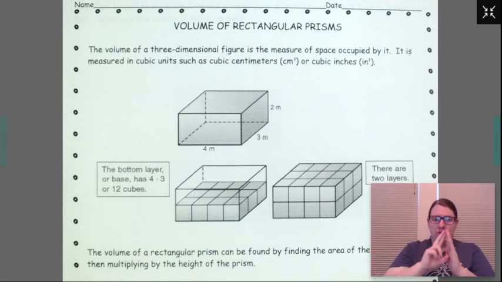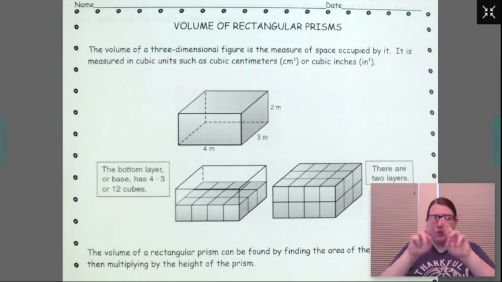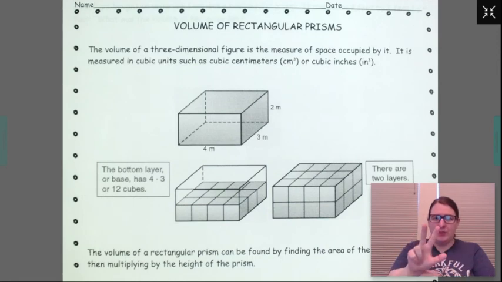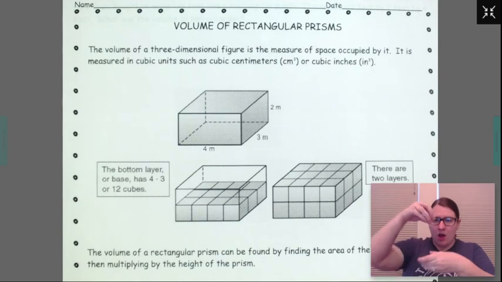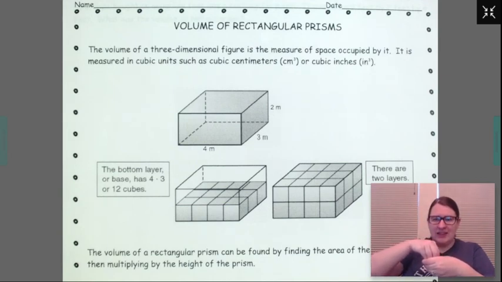Today we will be reviewing volume of a rectangular prism. The volume of a three-dimensional figure is the measurement of the space occupied by it.